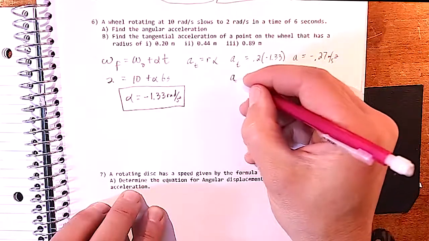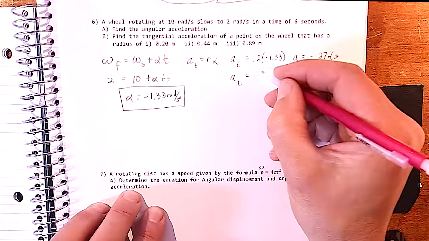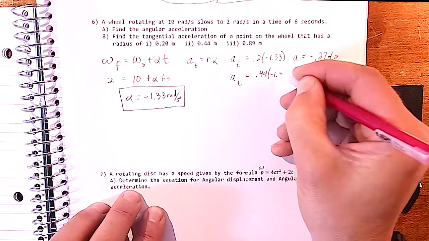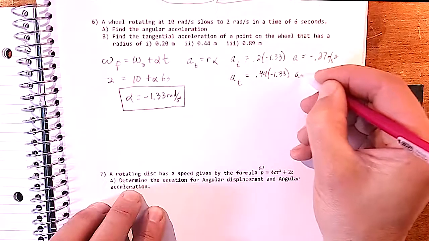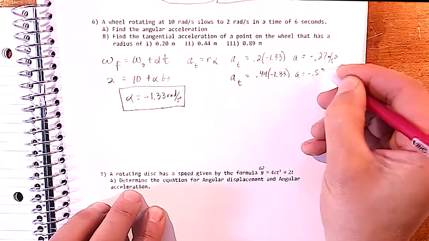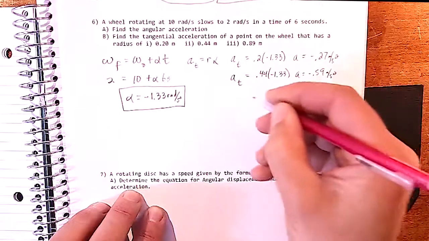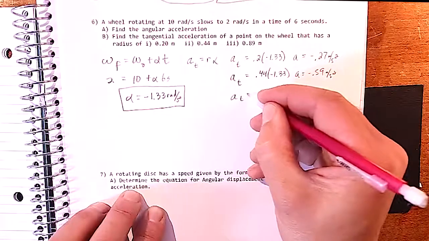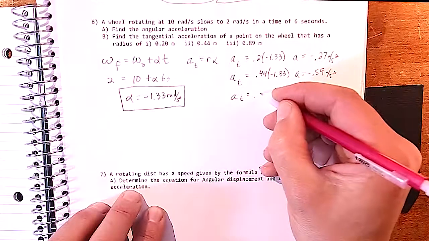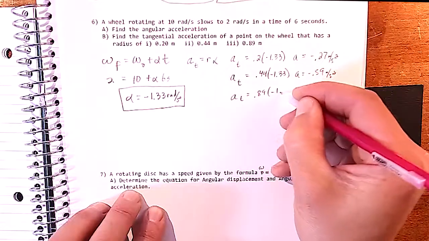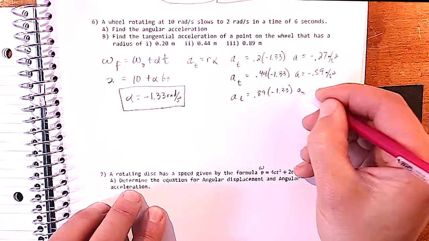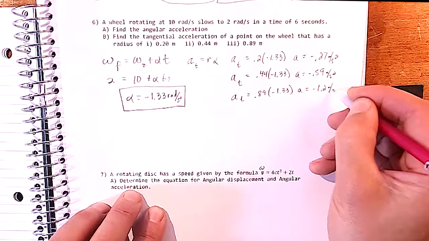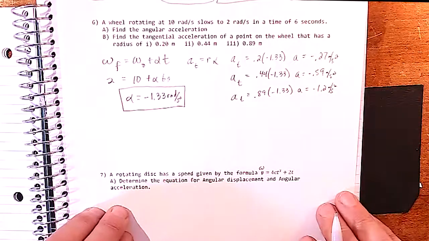And then we just repeat this process. A tangential at 0.44 is 0.44 times negative 1.33, which is going to be negative 0.59 meters per second squared. And then finally, in the third one, we're just going to have 0.89 times negative 1.33, or a tangential acceleration of negative 1.2 meters per second squared.